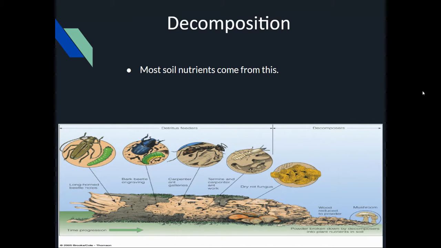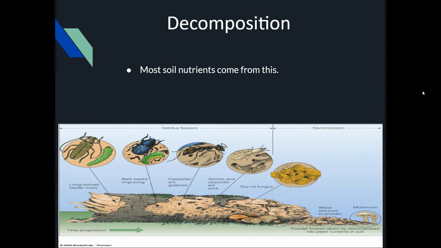Decomposition. This is the process that provides most of the nutrients for the soil, which are important for agriculture or for growing anything, just for the overall health of an environment or an ecosystem. These organic nutrients from decomposition are extremely important. These can come from wood or trees that have fallen on the ground and rotting over time. It could come from organisms that have died and they are being decomposed back into the ground.